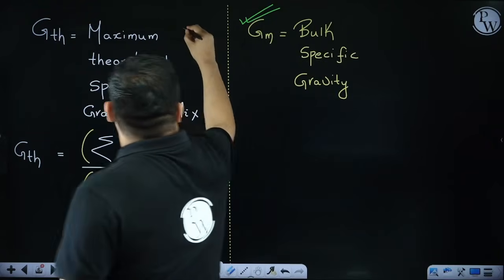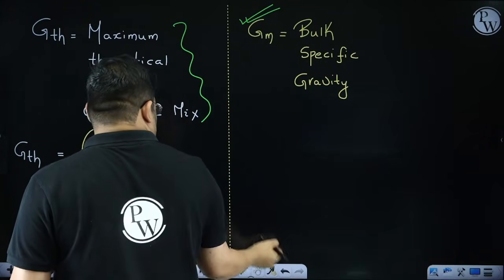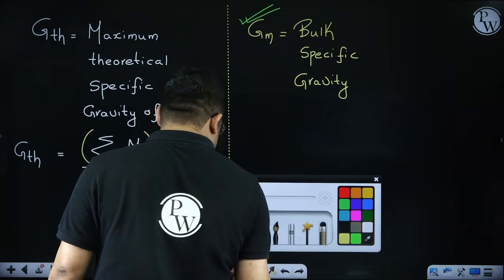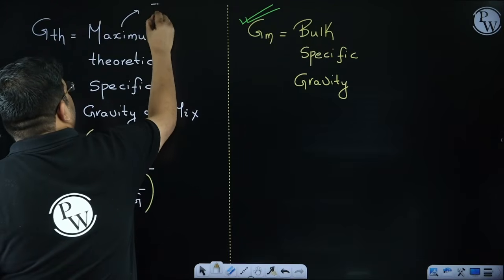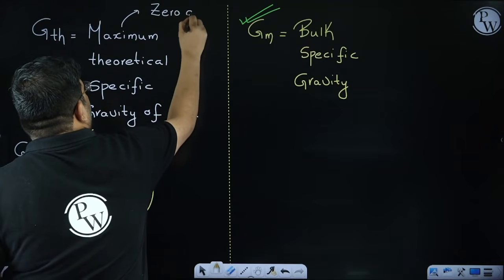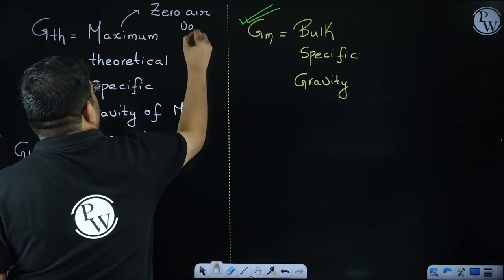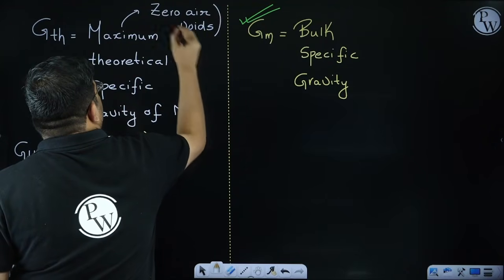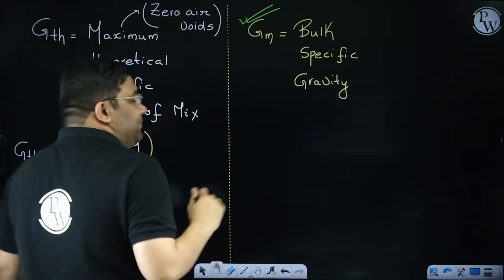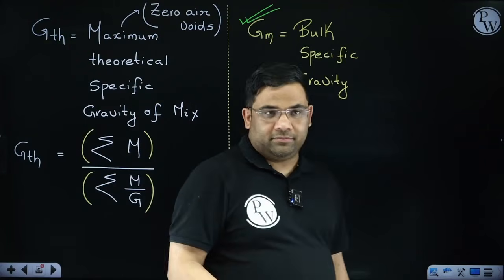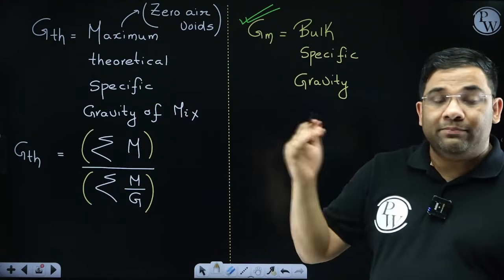So this maximum theoretical specific gravity, we have got assuming zero voids, zero air voids, or by ignoring the volume of air.